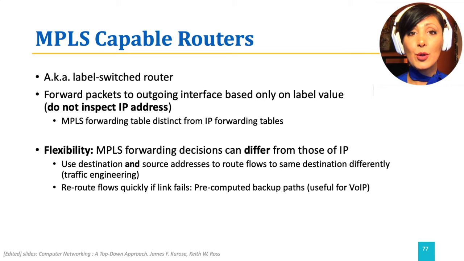Current routing protocols like OSPF are extended with support for flooding information to MPLS-capable routers. Other protocols like LDP or Label Distribution Protocol and RSVP-TE are also used throughout this process.